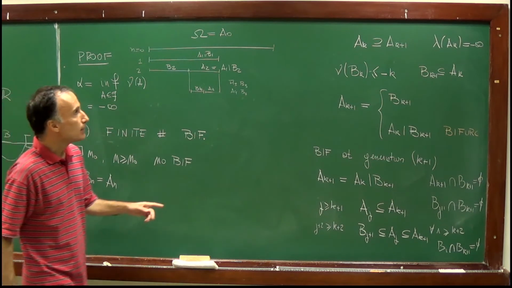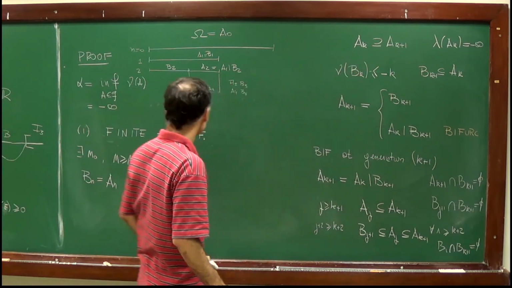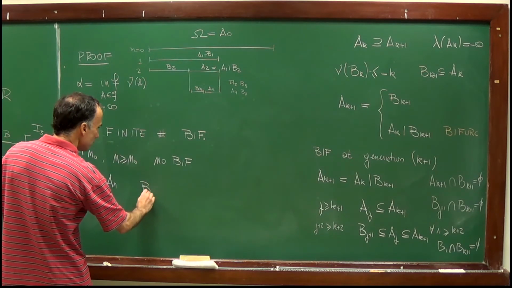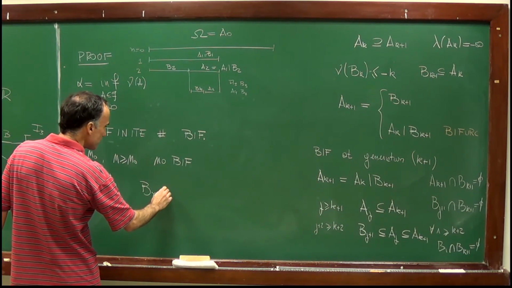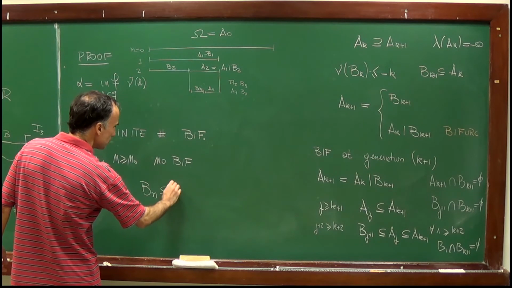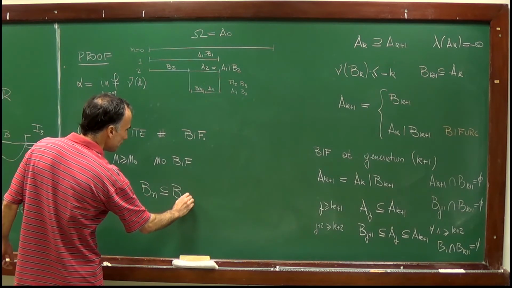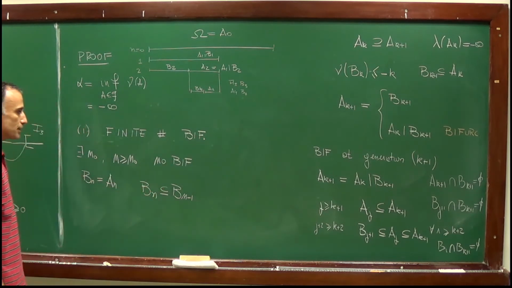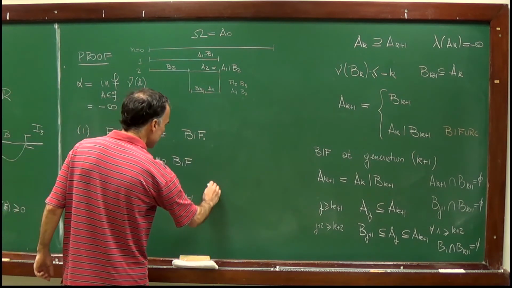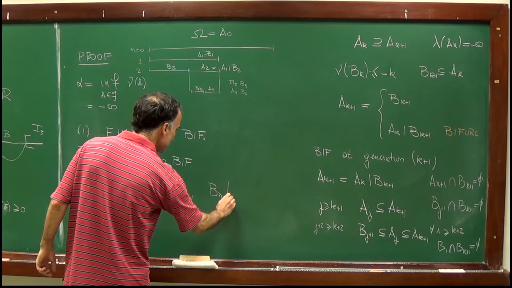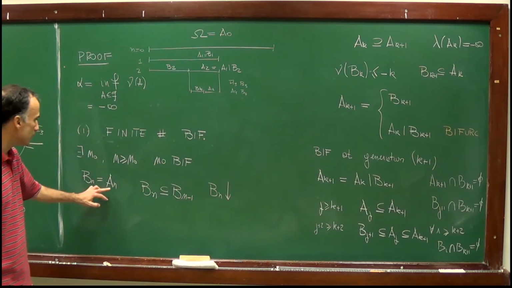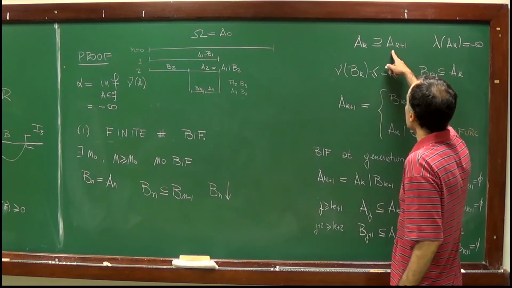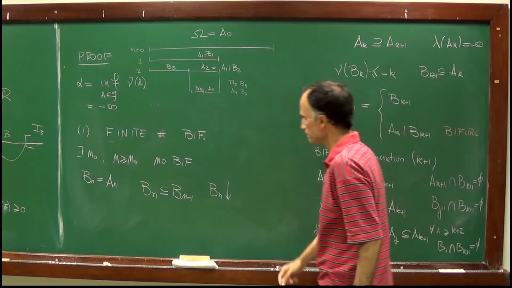But the sets A are decreasing. So this means that for n larger than n_0, B_n is contained in B_{n-1}. So this sequence is a decreasing sequence. So B_n is a decreasing sequence because it's equal to A_n, and A_n is a decreasing sequence.